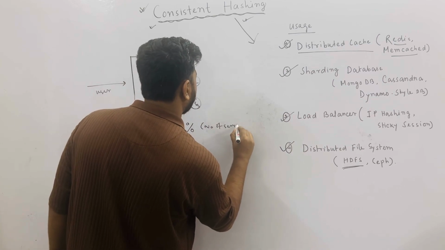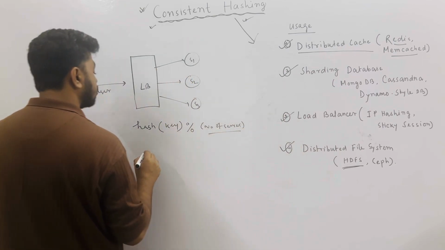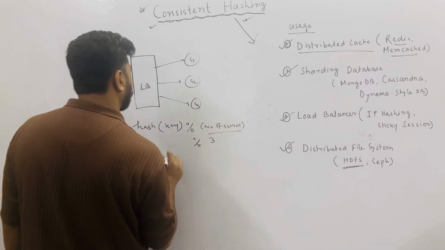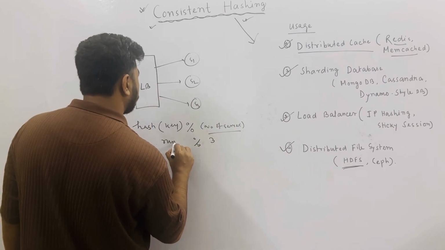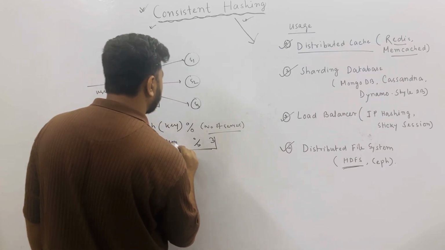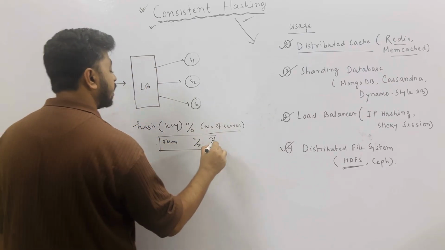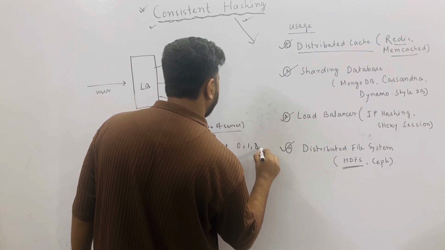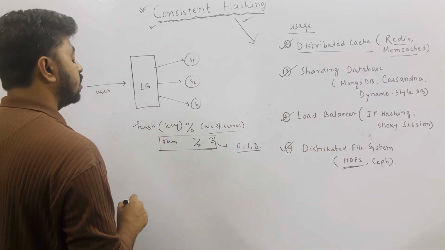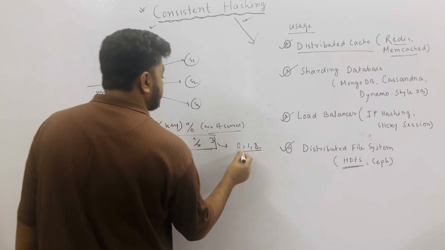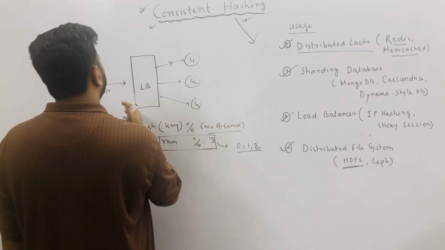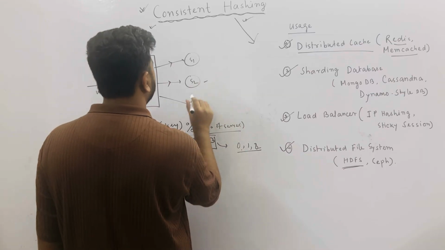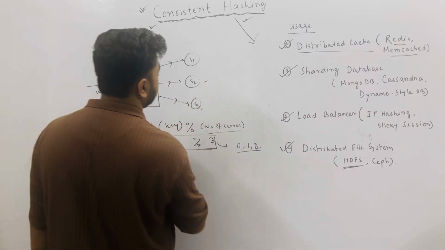The number of servers here is 3, so the value will definitely be 0, 1 or 2. If it is 0, the request goes to S1. If it is 1, the request goes to S2. If it is 2, the request goes to S3.